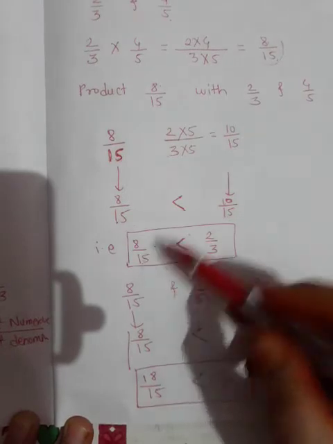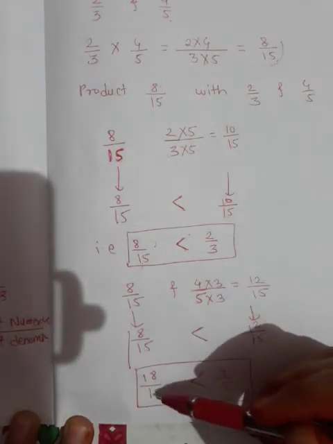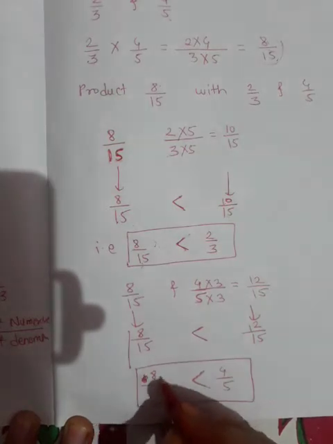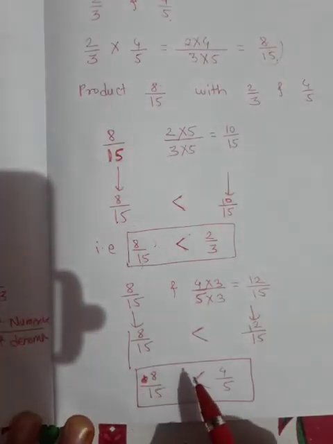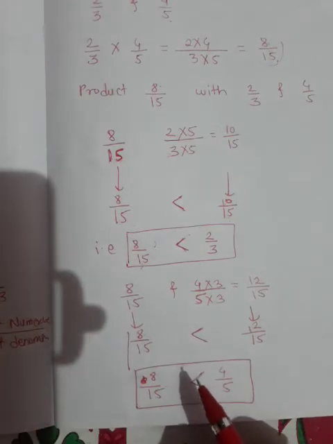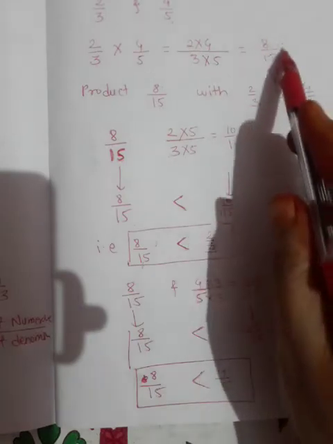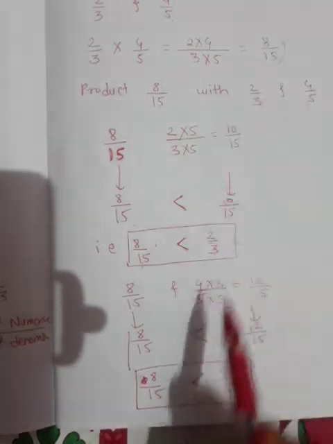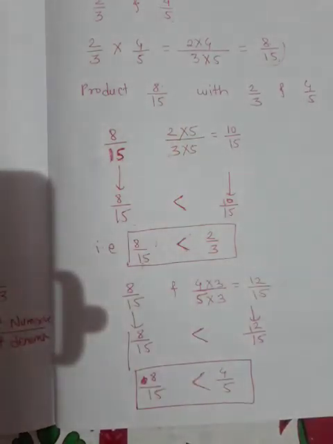See here, 8 by 15 is less than 2 by 3, and 8 by 15 is also less than 4 by 5. So we got the result that when we multiply two proper fractions, the obtained product is less than each of these two fractions.